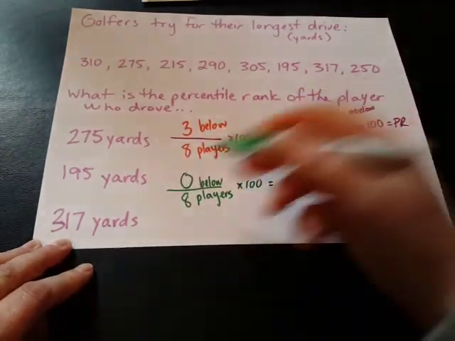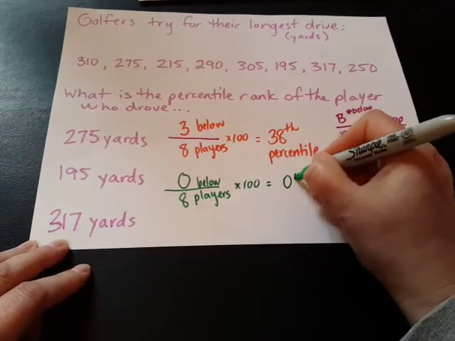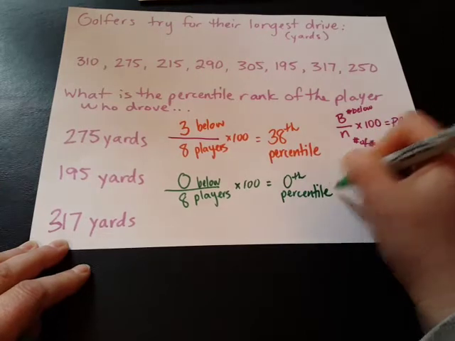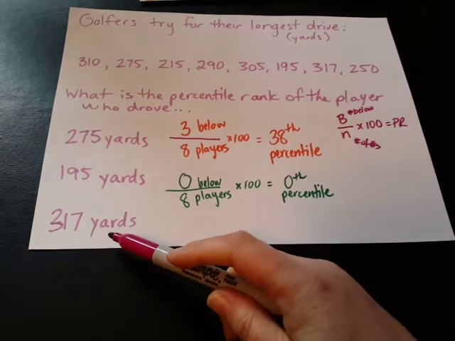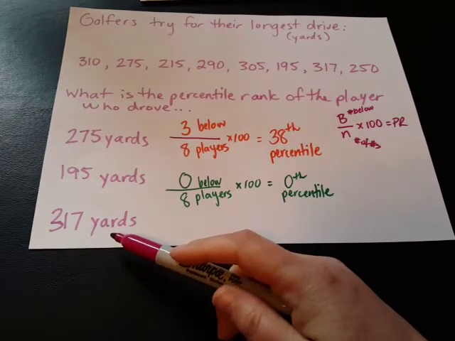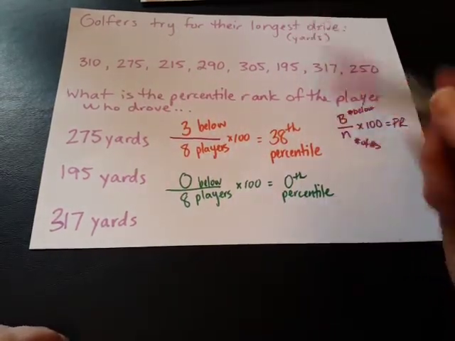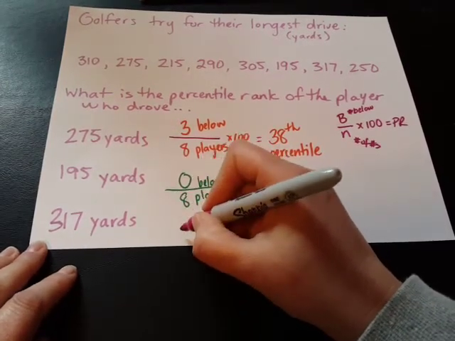So this person, although that is really a good drive, I would take that, they're technically in the 0th percentile when you compare them to the other golfers in this tournament. And then lastly, the player that's at the 317-yard mark, when we look in this list, they are the highest. There's nobody below them, but that doesn't make them in the 100th percentile.